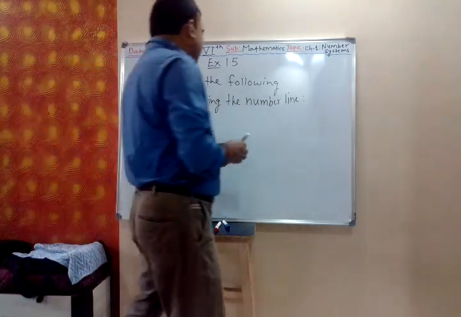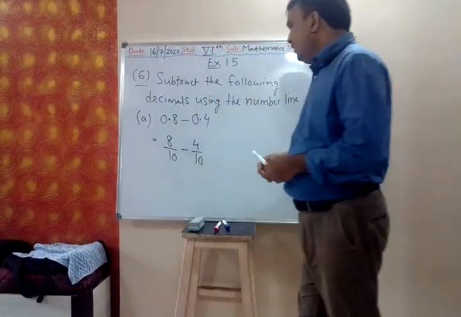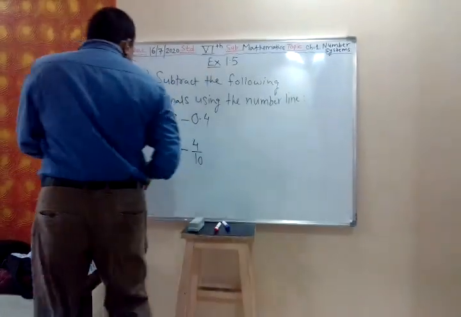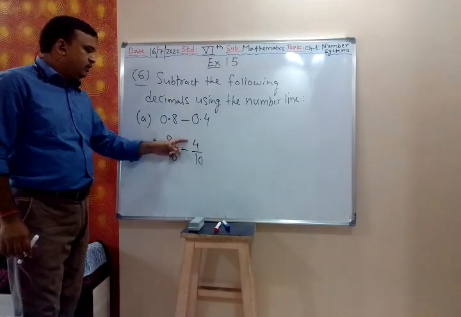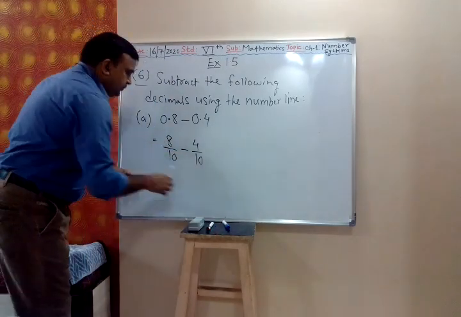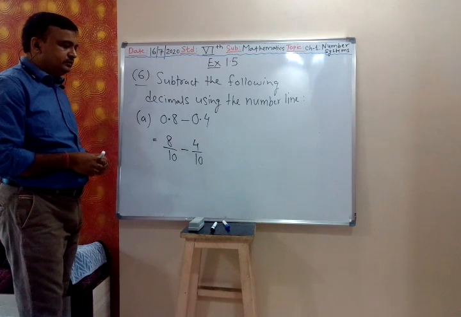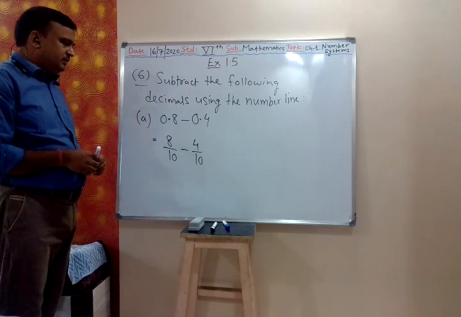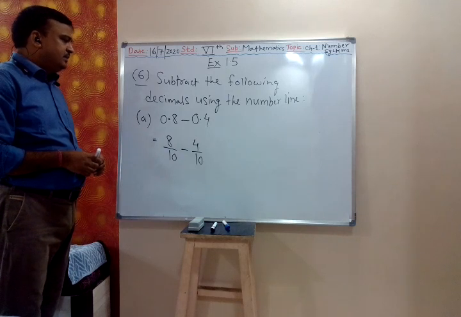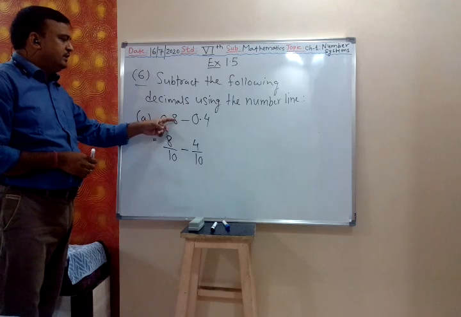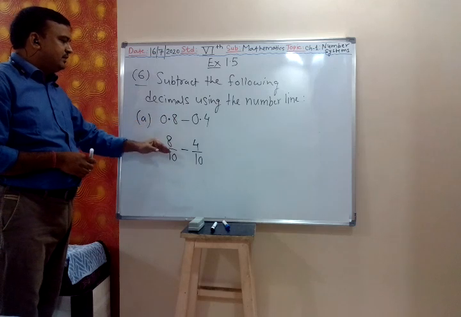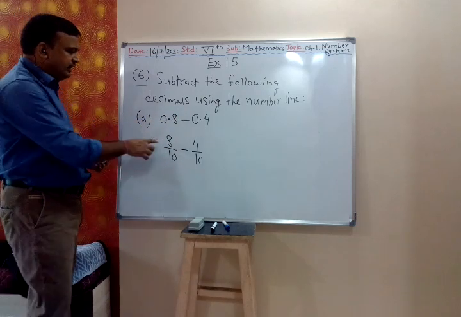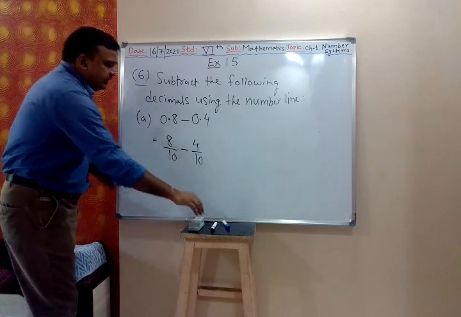Let us plot the number line. Now in this case, 8 upon 10 and 4 upon 10. Yes, if after the decimal there are 2 digits, then it will be 100. So 8 upon 10 minus 4 upon 10.